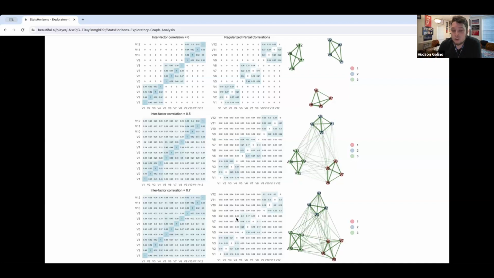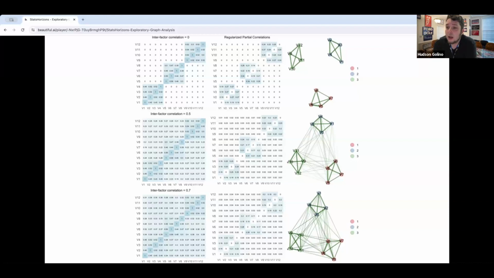But when you clean the structure, so when you shrink the correlations towards zero using regularized partial correlations, what happens is the variables that belong to the same factor, their regularized partial correlations are much higher than the variables that do not belong to the same factor, right? So the values of the regularized partial correlations are much higher in the diagonal of the matrix compared to the off diagonal of the matrix. And that's what drives the higher accuracy of exploratory graph analysis, because it's using regularized partial correlations.